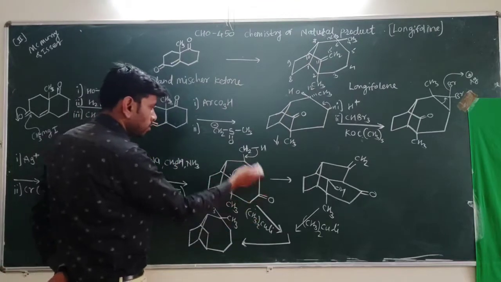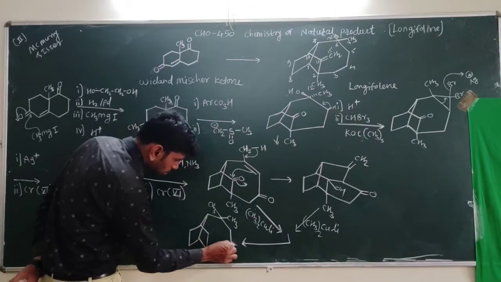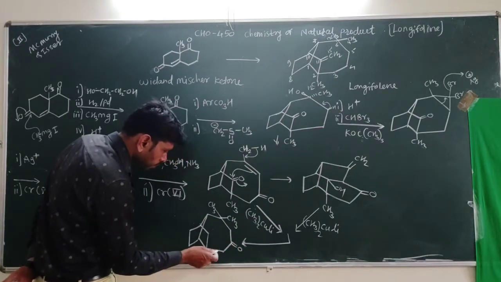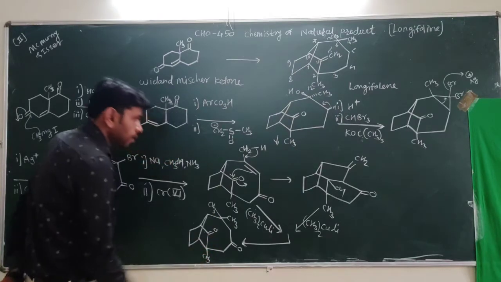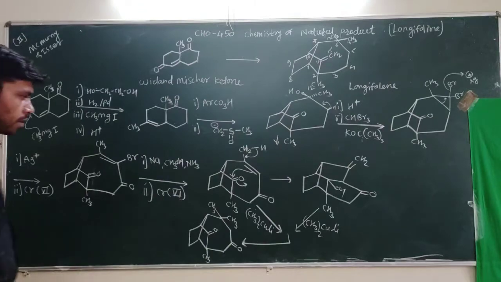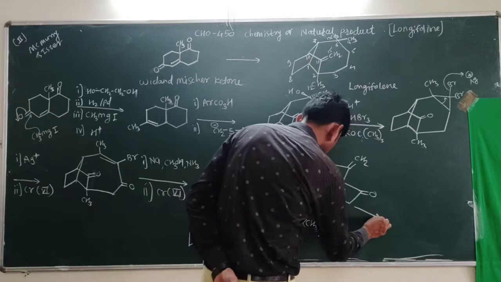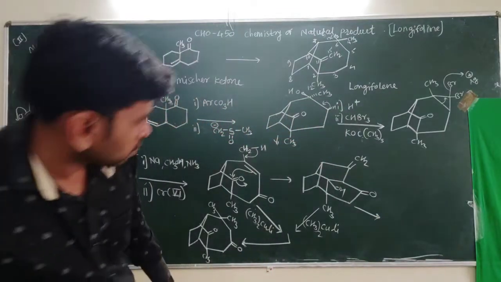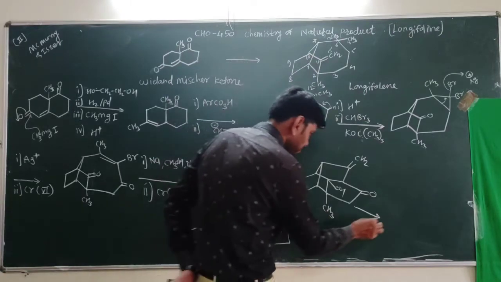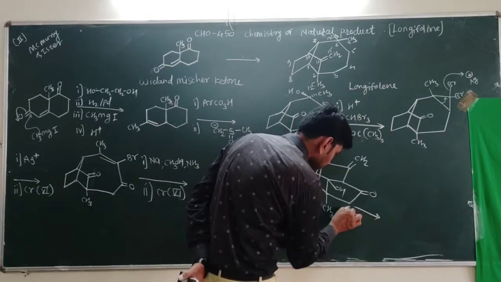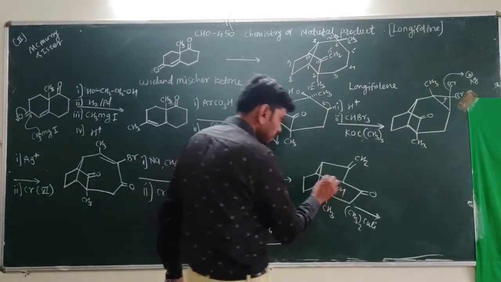Addition attacks on this one, and we get CH3 as a product, double bond O, and this CH3 remains as it is, this carbonyl as it is. Okay, so this product obtained, and from this one we obtain the product here. Because of the scarcity of space here, CH3 twice Cu.